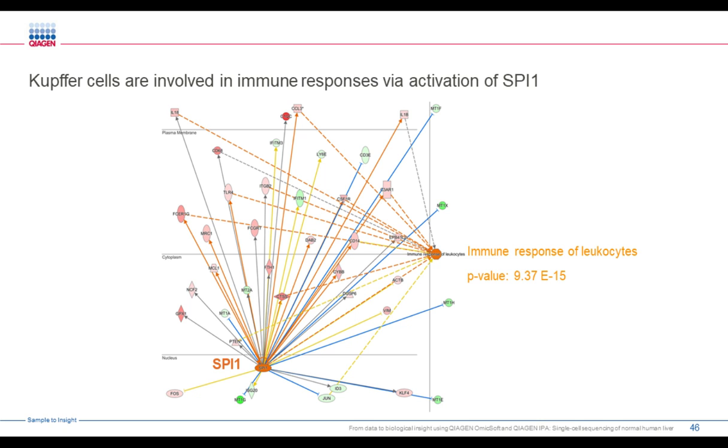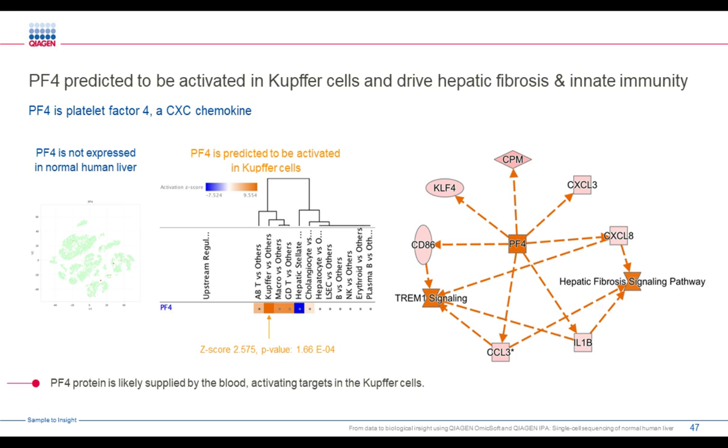I've done the same, creating a network driven by SPI1, predicted to be activated. When we grow a disease, a tool we have in QIAGEN IPA, we look at the most significant function, and immune response of white cells is predicted to be activated. So that factor going up boosts the immune response of leukocytes. We can detect that in the Kupffer cells.